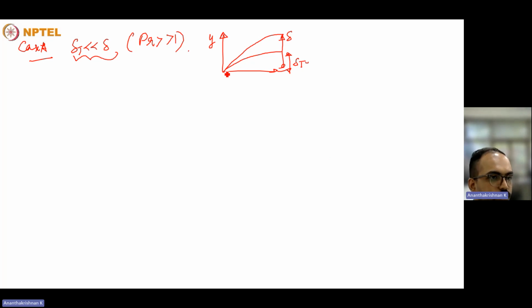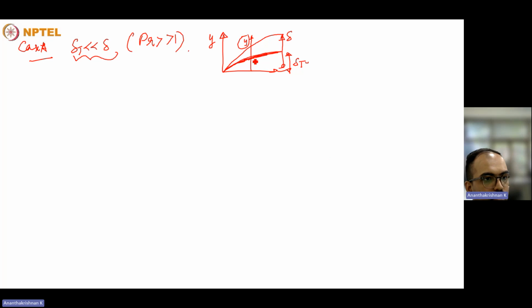For the boundary layer thickness, the integration is from 0 to y. We can assume this y to be some far distance, far away from the wall.